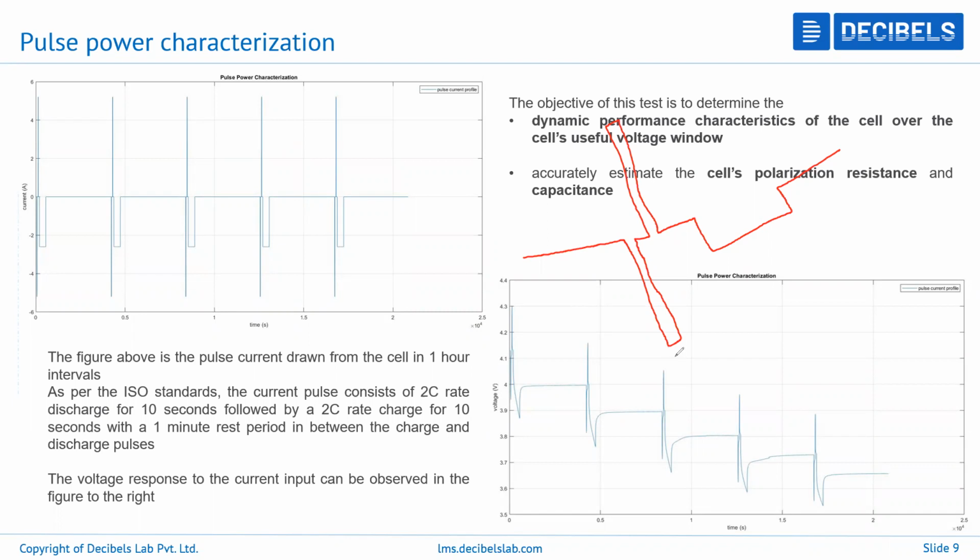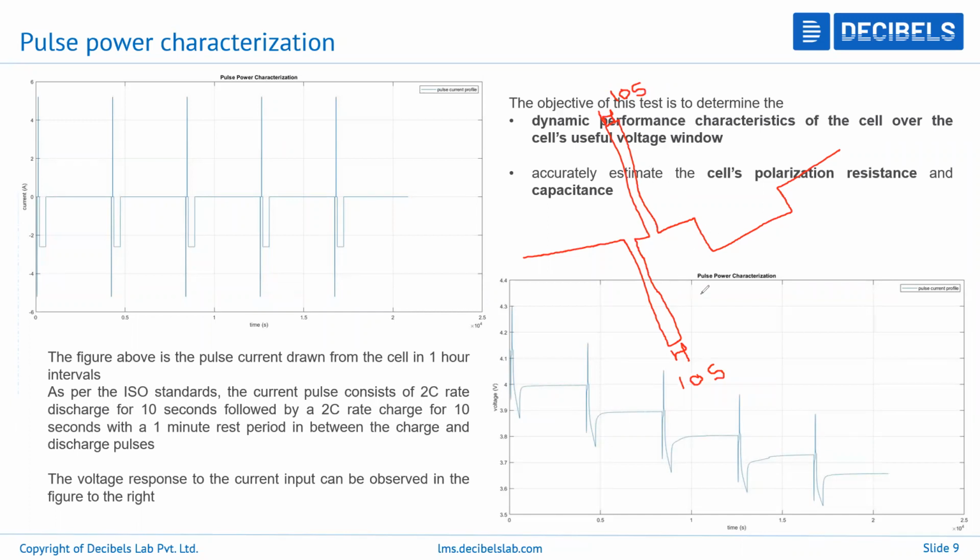And each pulse lasts for 10 seconds, as per any testing guidelines. Whichever guidelines you take, they will all say that the pulse needs to be supplied for a minimum of 10 seconds.